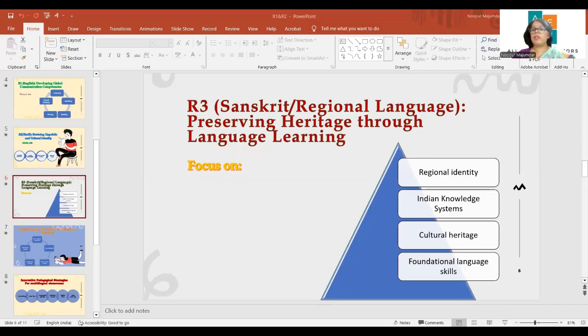It can be philosophy, mathematics, astronomy, related to that specific language. For example, a simple Sanskrit shloka such as Vidya Dadati Vinayam, right, can become the starting point for discussing the importance of humanity, right? इसका क्या महत्व है मानव के जीवन में.